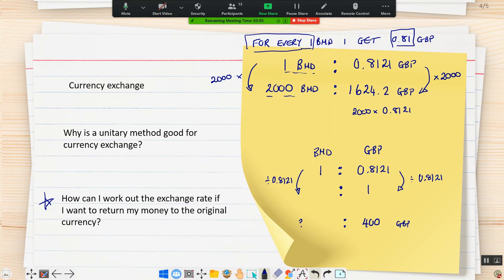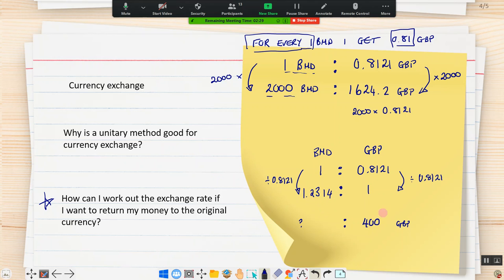I'm going to run out of time. Come on, calculators. What have you got? What's 1 divided by 0.8121? Yeah, that's good. 1.23, should we say 1.4?